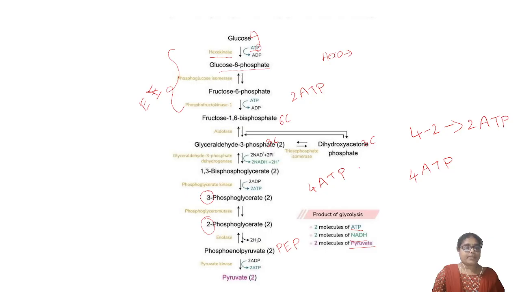Although 4 ATP are formed, 2 ATP are consumed in the above reaction. Only 2 ATP are the net gain from the glucose, and 2 molecules of NADH and 2 molecules of pyruvate are formed.